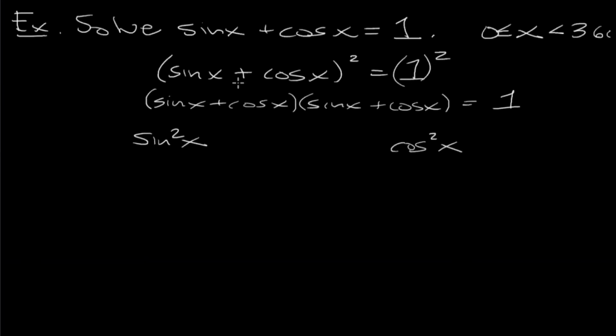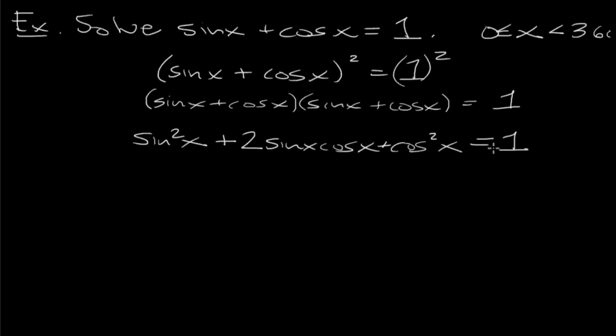I'm going to have sine of x times cosine of x, and another sine of x times cosine of x. So I'll have plus 2 sine of x cosine of x in the middle here. And if this was like a plus b quantity squared, you probably remember that that ends up being a squared plus 2ab plus b squared, or maybe not. But this is what it will look like.